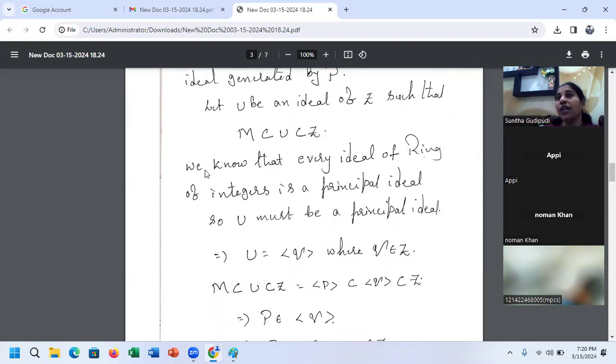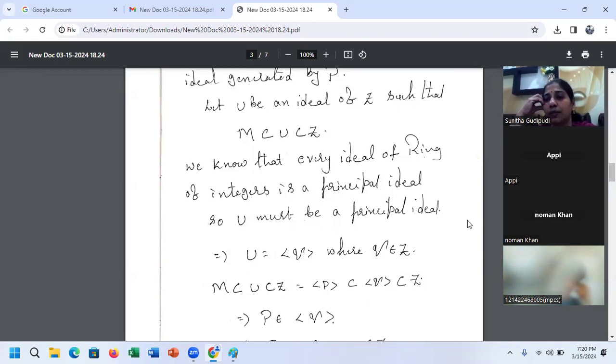What we know about the ring of integers is that it is a principal ideal ring. Principal ideal ring means what? Every ideal of the ring is a principal ideal. What do we mean by principal ideal? It means every element of the ideal is generated by one single element.